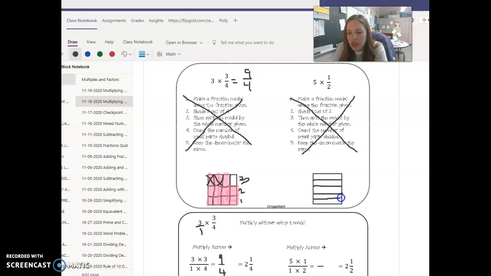All right, and then we are going to break all 5 parts into halves. So let's make 1/2 down the middle. And one of our 2 parts is shaded in. So let's go ahead and shade in half of our model.